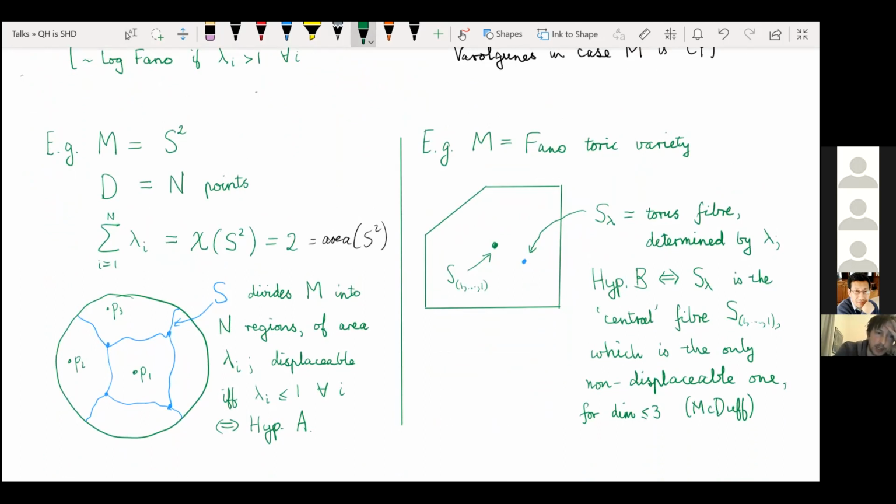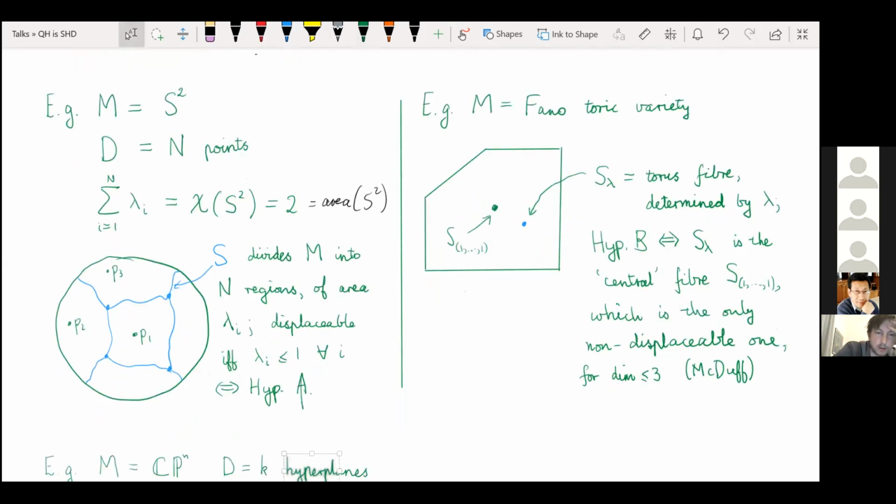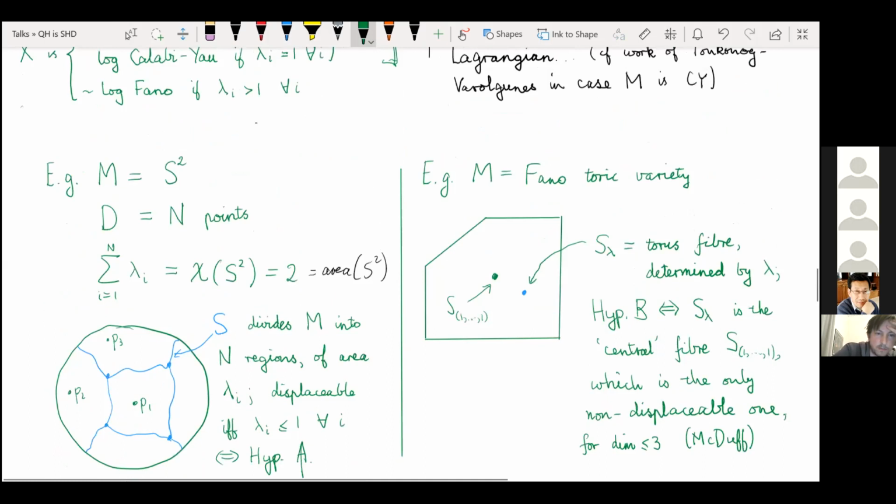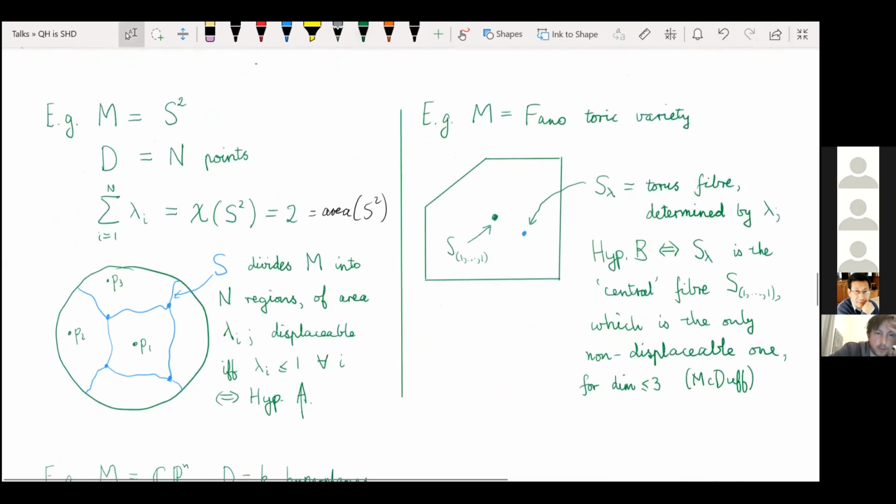The skeleton divides the two-sphere up into n regions, each containing one point p_i and having area lambda_i. This skeleton is displaceable if and only if hypothesis B is not satisfied, where hypothesis B means lambda_i is at most 1 for all i.